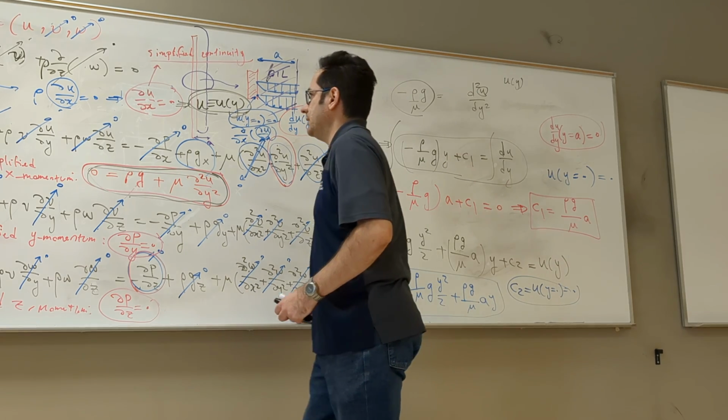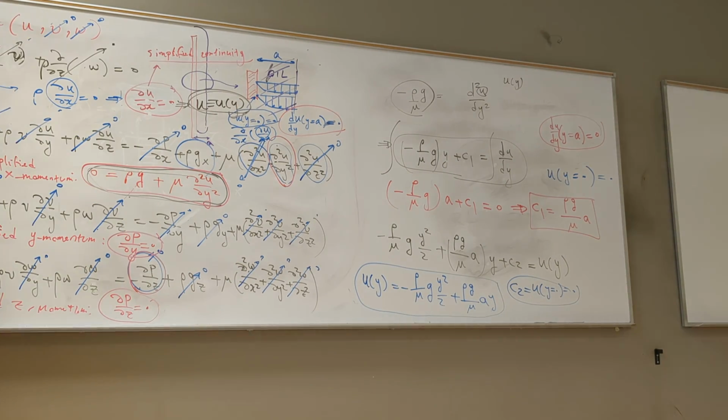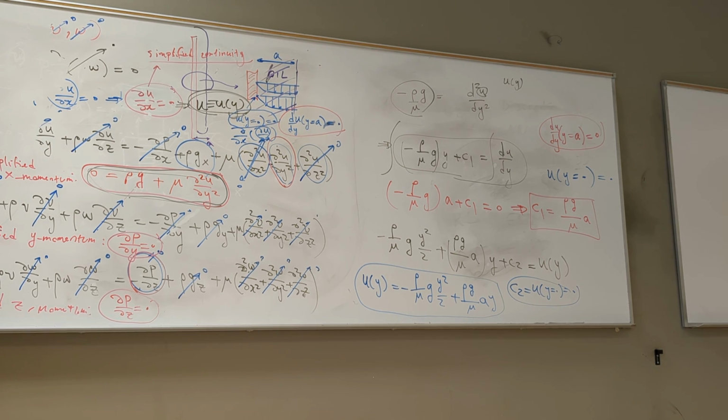So let me write it down here. You have u of y is equal to negative rho g over mu times y squared over 2 plus rho g over mu times a y. So that's what we got.